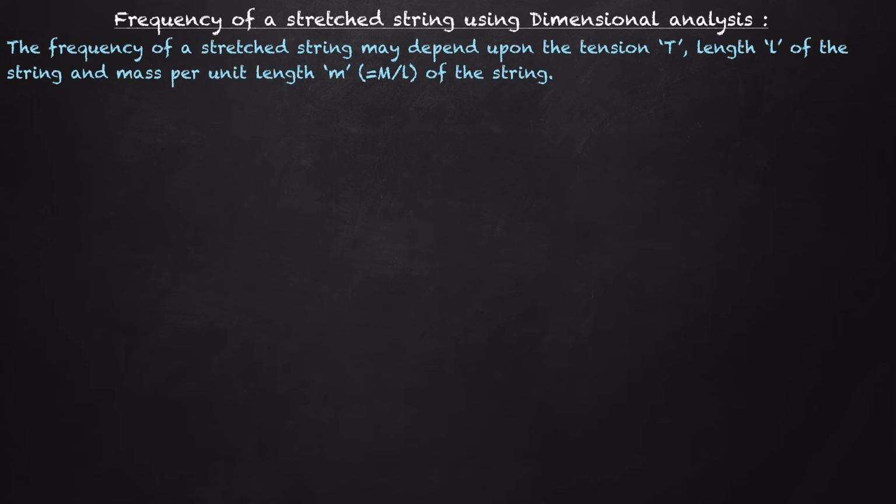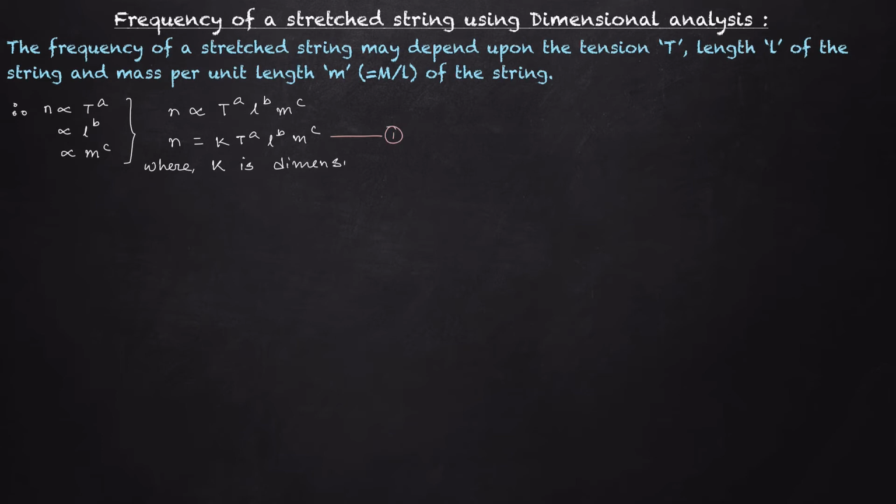So let the frequency be n, and n is proportional to some power of these three quantities, that is n is proportional to T to the power a, L to the power b, and m to the power c. Or we can write n equals k times T to the power a, L to the power b, m to the power c, where k is a dimensionless constant. So this is our equation 1.